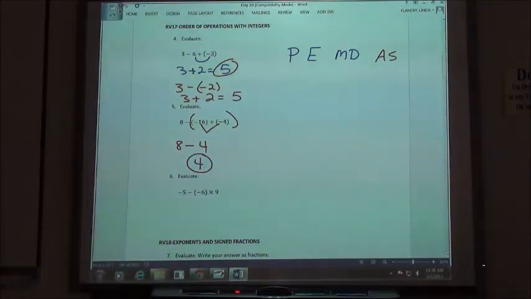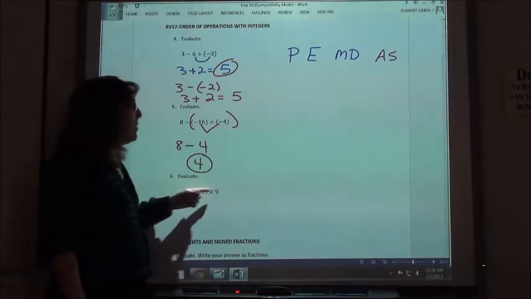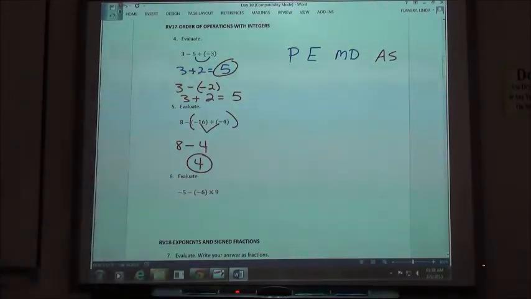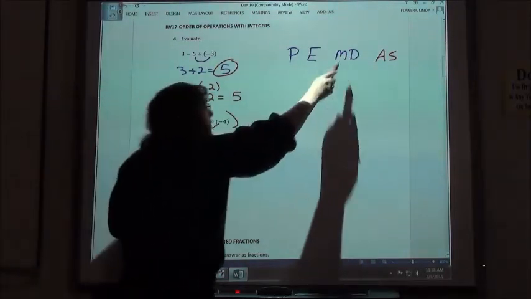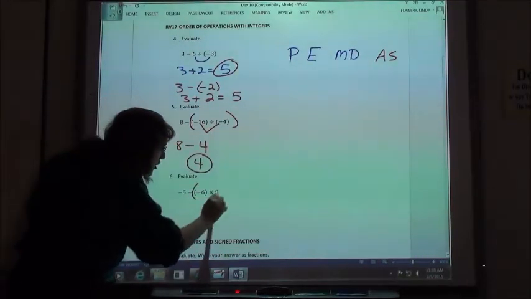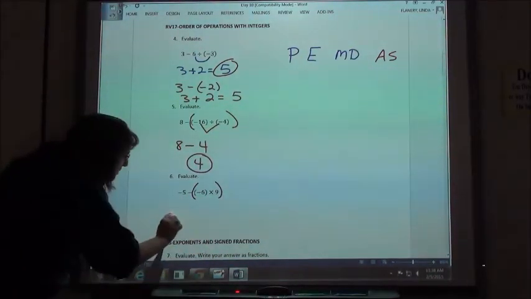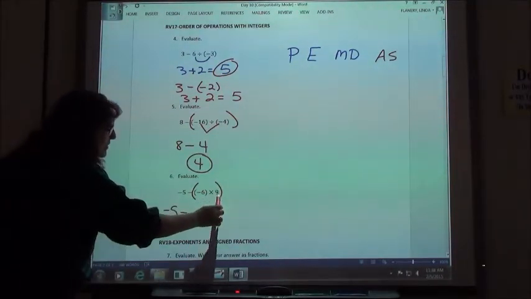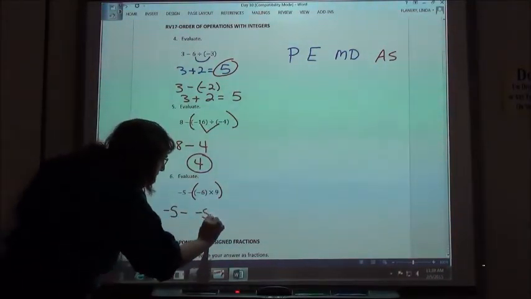Number 6. Following my order of operations, I can't simplify inside the parentheses, and again, I don't have any exponents. So I have to do my multiplying and dividing. Here I have multiplying. I'm going just to here. So I have negative 5 minus negative 6 times 9, which is negative 54.